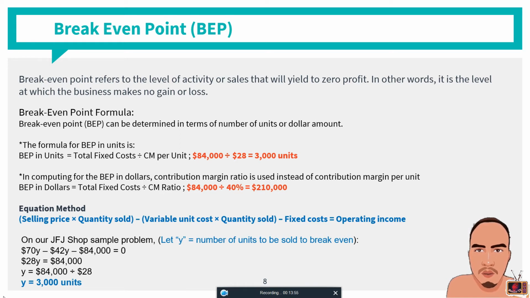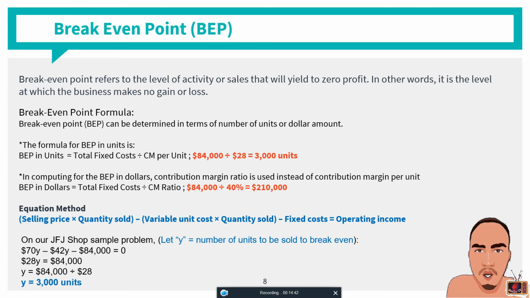Okay, so the break-even formula. Break-even point can be determined in terms of units or dollar amount. So the formula for break-even point in units is total fixed cost divided by the CM per unit. Based on our computation on the previous slide, the total fixed cost is $84,000 divided by $28, which is our CM per unit.